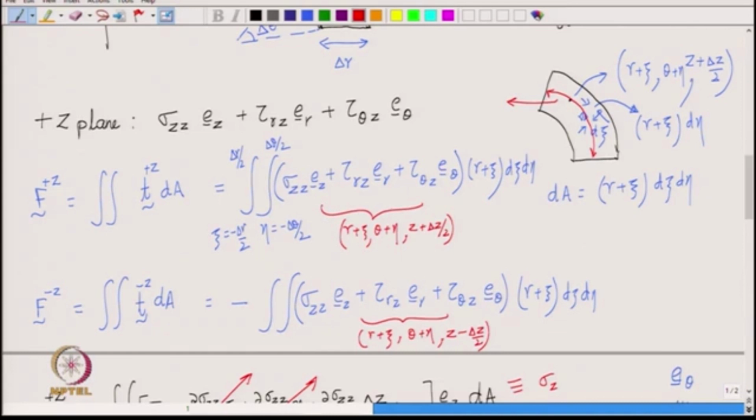So, the length of that line is r times delta theta, and this one we know that is delta r. Correct.